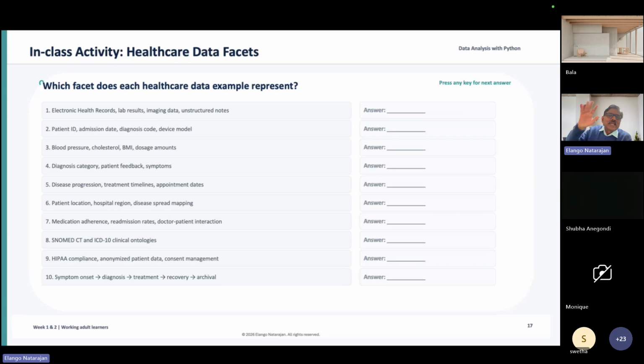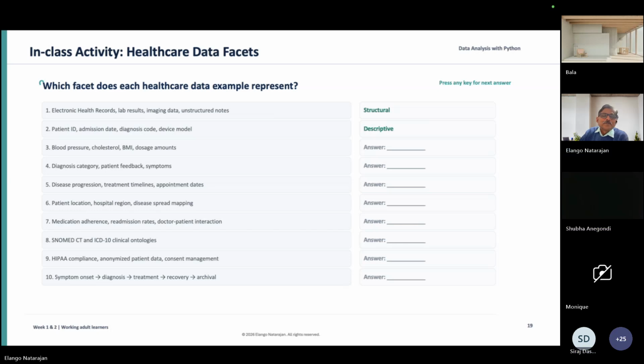Can you tell me the facet? It's all about the healthcare data. The first one: electronic healthcare records, lab results, imaging data, unstructured notes. It's a structured facet. Next, patient ID, admission date: same, structured facet.